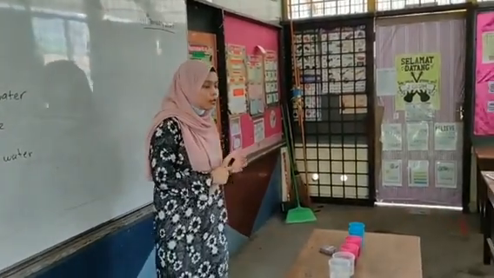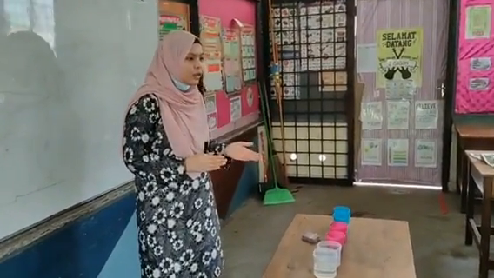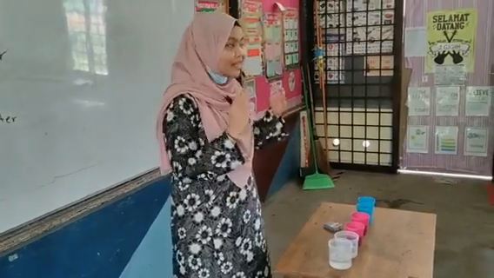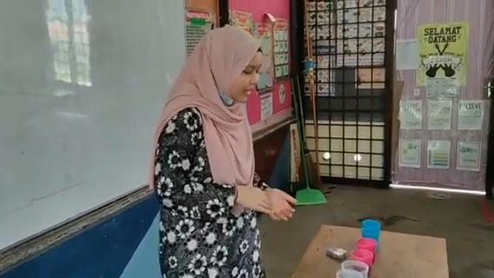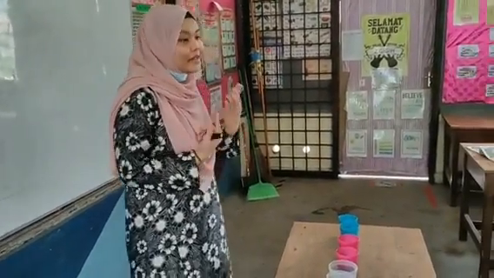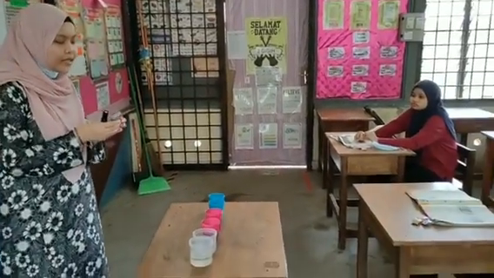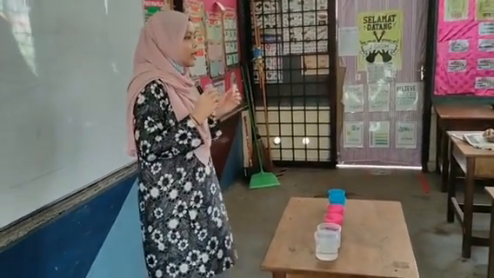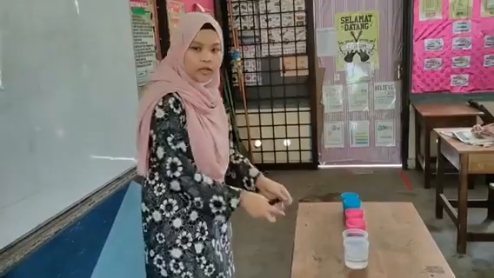All of you have to taste the water. Not like drink it. You have to taste it by the litmus paper. I will give all of you the litmus paper. So please answer the question quickly.